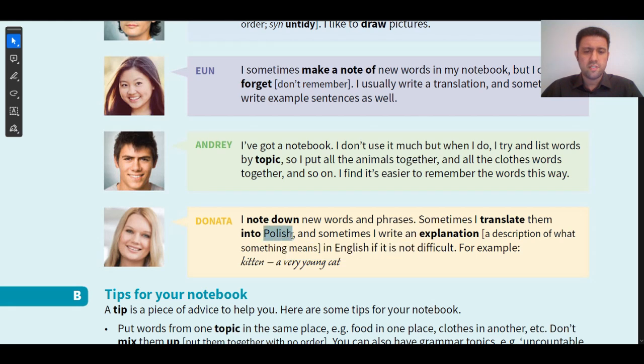Here I want to say a very important point. Sometimes one specific word has two different pronunciations and two different meanings. As an example, in this context, Polish means the people from Poland. So the pronunciation is Polish and means people from Poland.